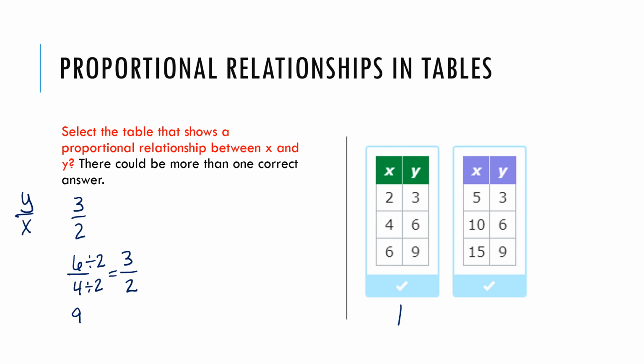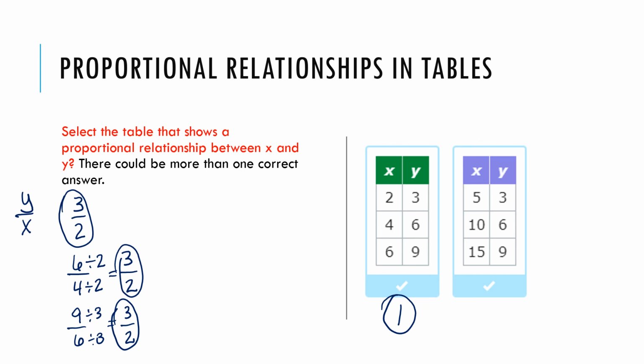Our last value is 9 over 6, which can be simplified by dividing by 3. 9 divided by 3 is 3, and 6 divided by 3 is 2. So every time when we simplified y over x, we got 3/2. So table 1 does represent a proportional relationship.